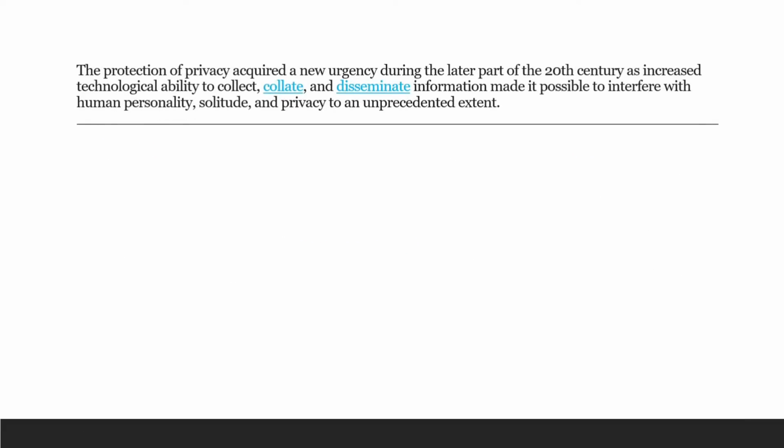The protection of privacy acquired a new urgency during the later part of the 20th century, as increased technological ability to collect, collate, and disseminate information made it possible to interfere with human personality, solitude, and privacy to an unprecedented extent.